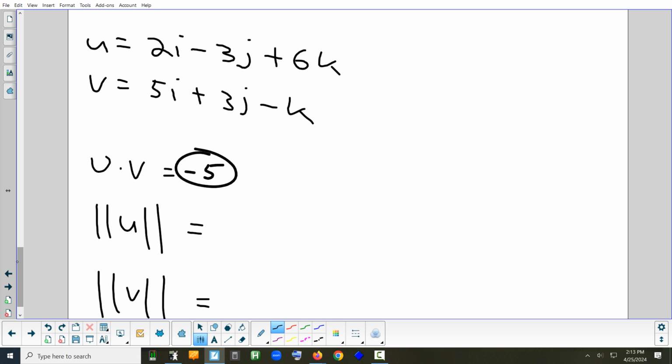Okay, next thing we need is the magnitude of u. What's going to go under my root? What's the calculation I have to do under here? 2 squared plus negative 3 squared plus 6 squared.